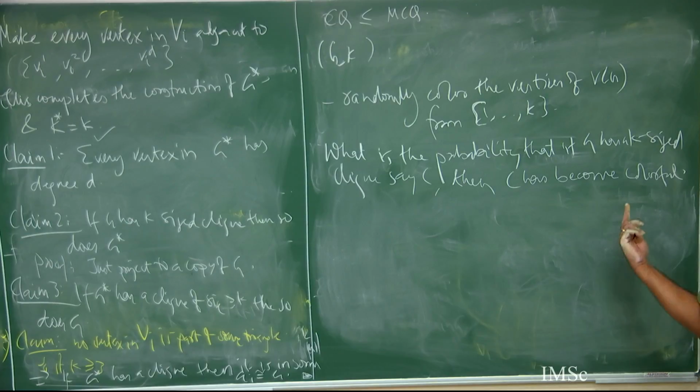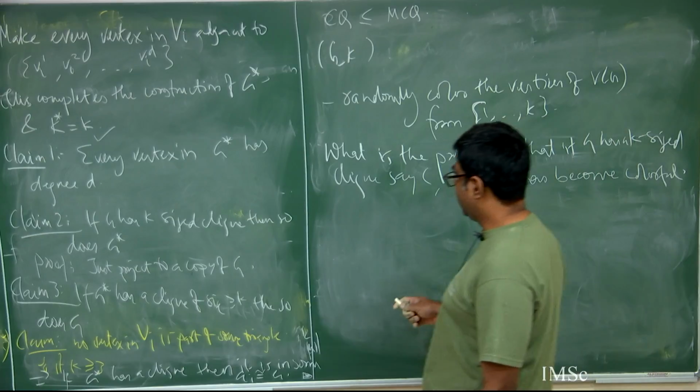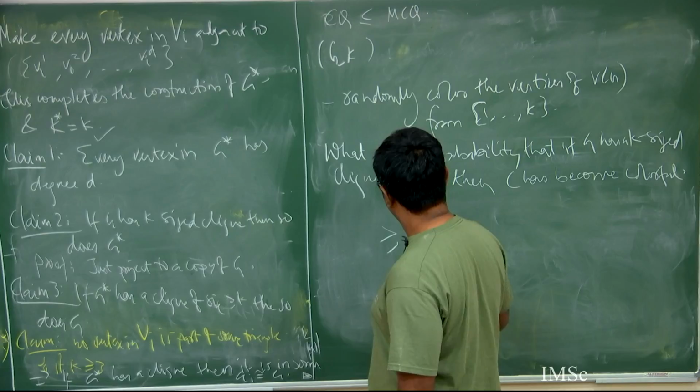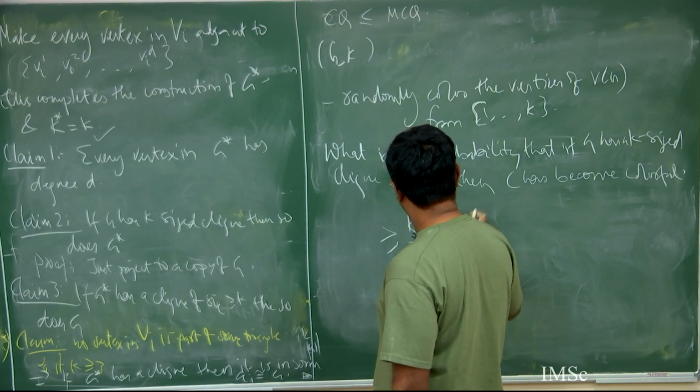Yes. So does it depend on the size? Exactly. So the probability is K factorial divided by K power K, which is roughly 1 over E power K.